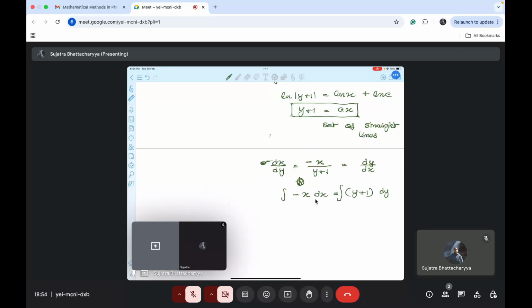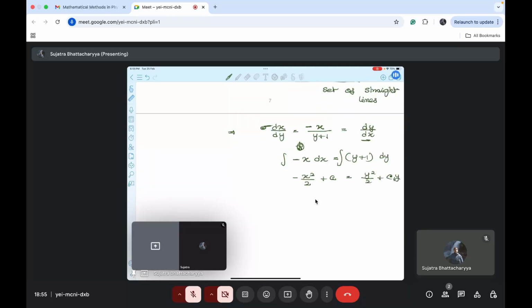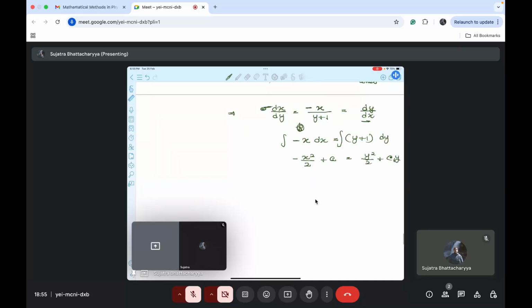Solving, you get minus x square by 2 plus some c, and y square by 2 plus some c1 y. Finally, you will get x square plus y plus 1 whole square is equal to some c.